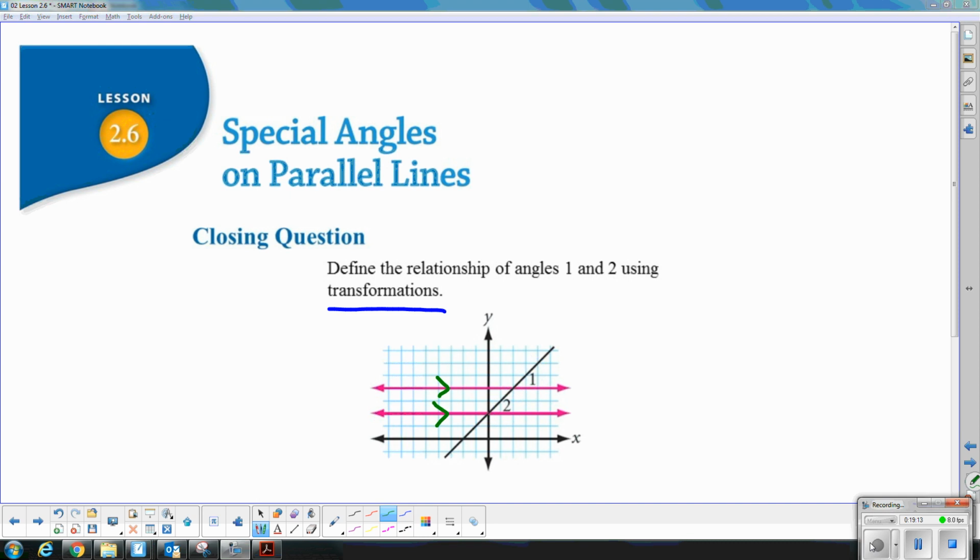We know that these two lines are parallel, and then this line we would call our transversal. And so if two parallel lines are cut by a transversal, angle 1 and angle 2 are corresponding angles and they're congruent.